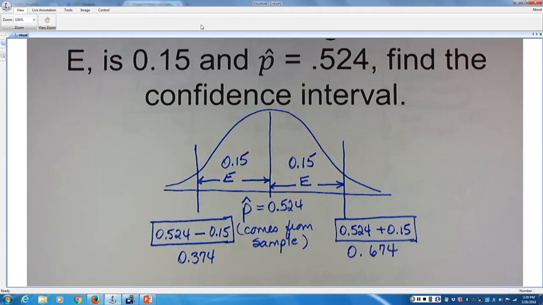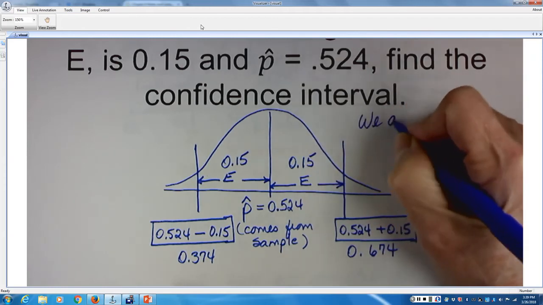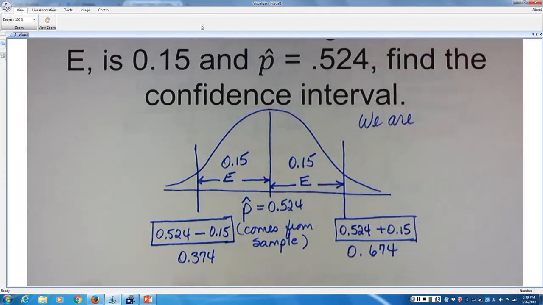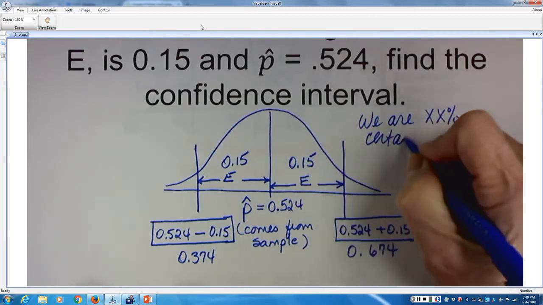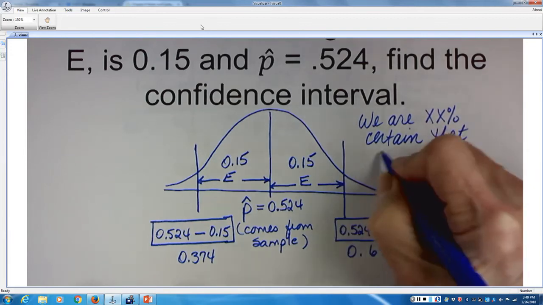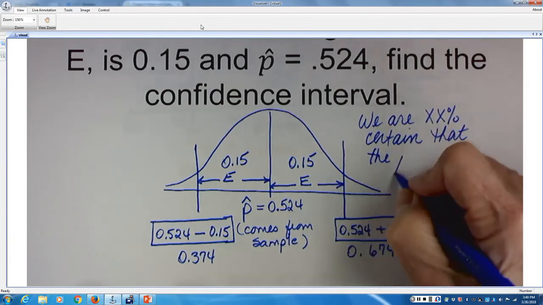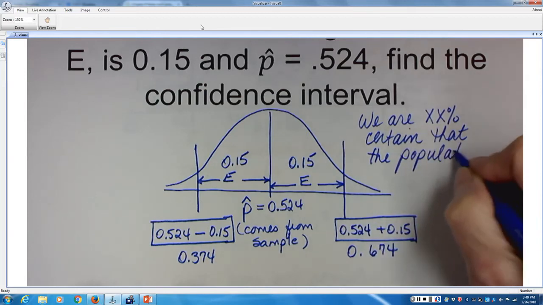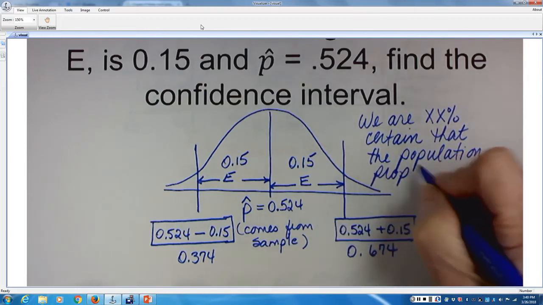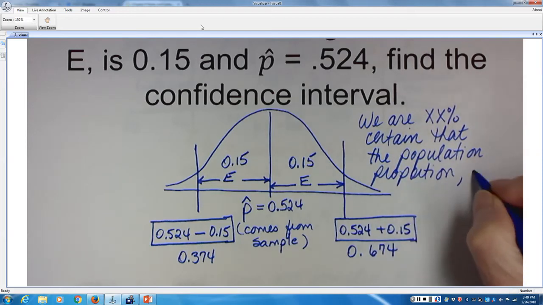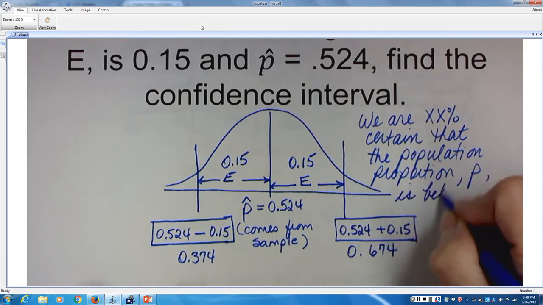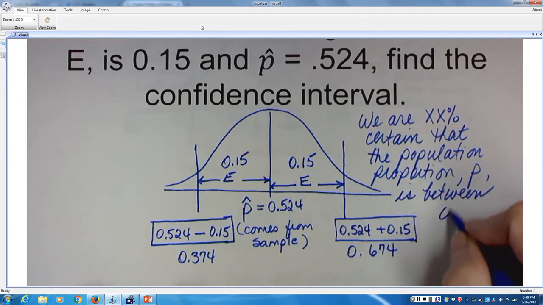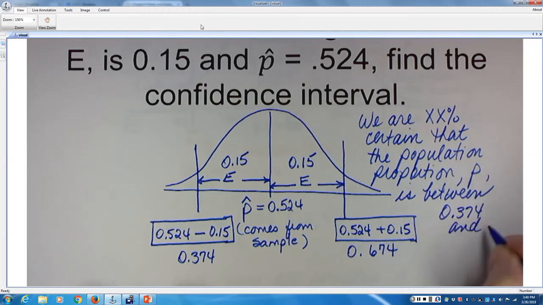And then if we had to word the conclusion, then our conclusion would be we are some percentage, we don't know what the percentage is, certain that the population proportion, and the symbol for that is just a P, is between 0.374 and 0.674.